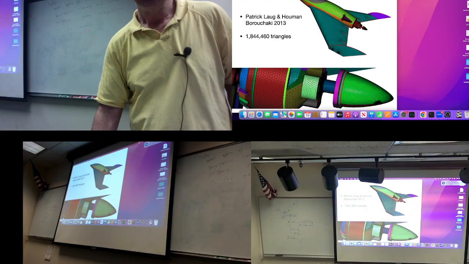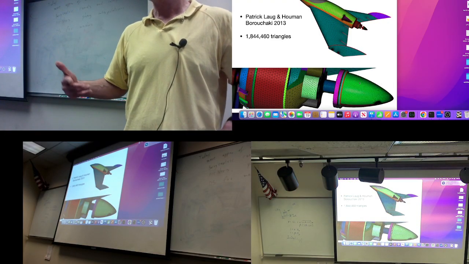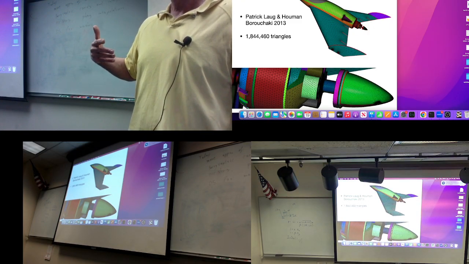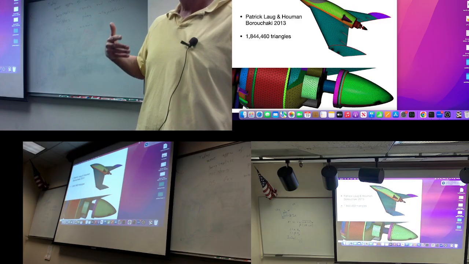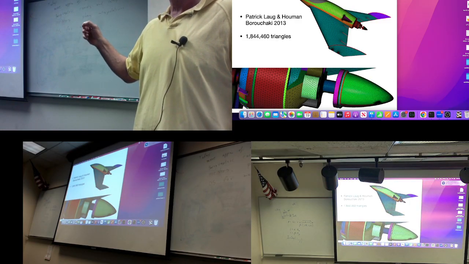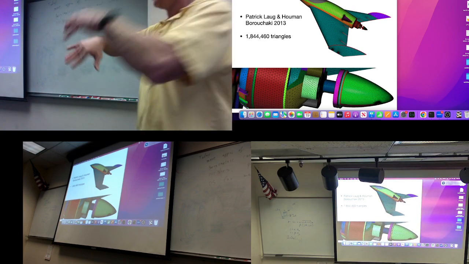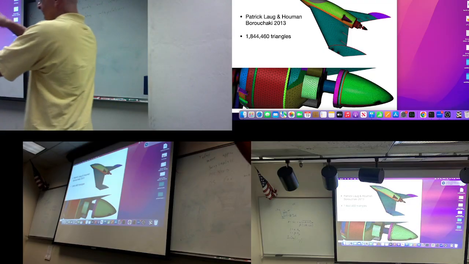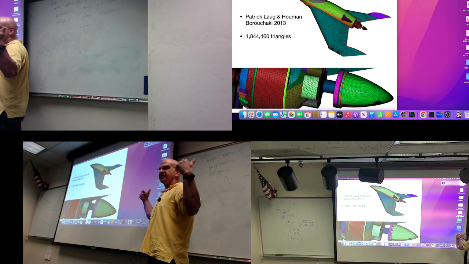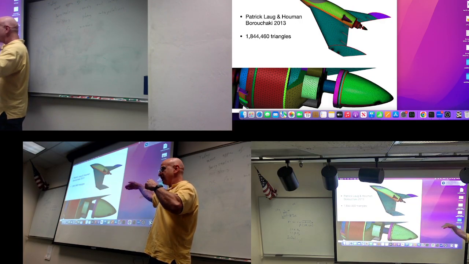So we will see different types of representation of surfaces that allow a designer to create shapes by controlling a small number of control points, like a Bezier curve. You're moving points, and there is a mathematical way, like splines or Bezier curves or Bezier splines, to create a curve out of it.